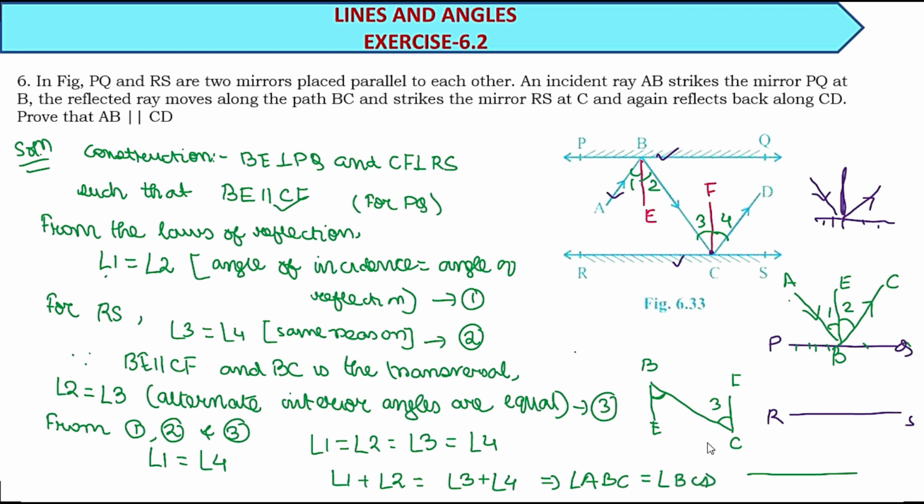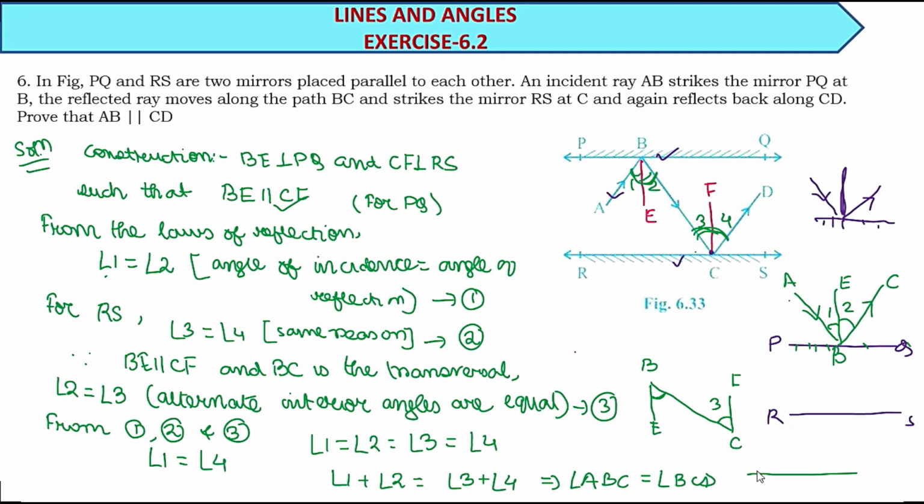Now try to visualize this. If AB and CD are the parallel lines and BC is the transversal, then these are the alternate interior angles.